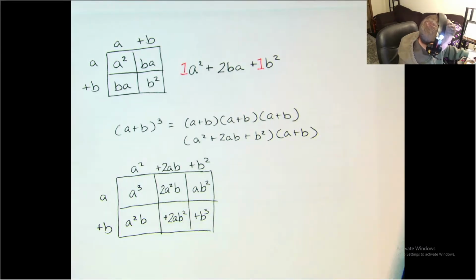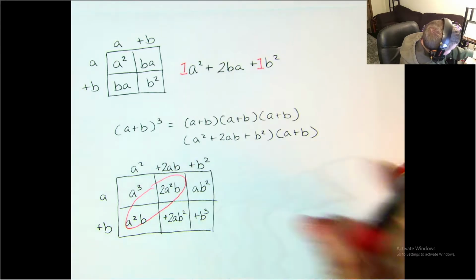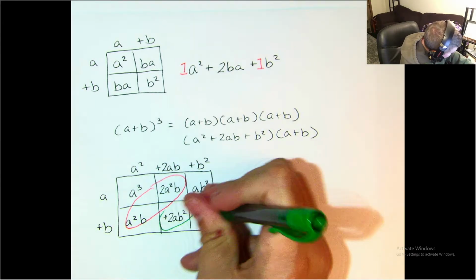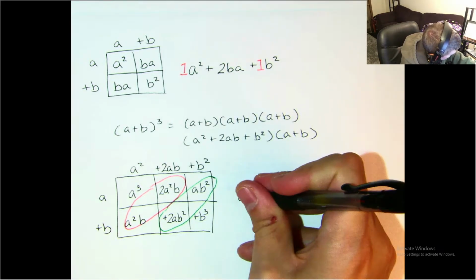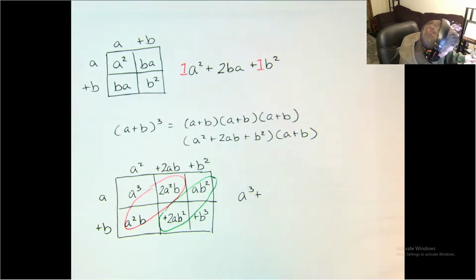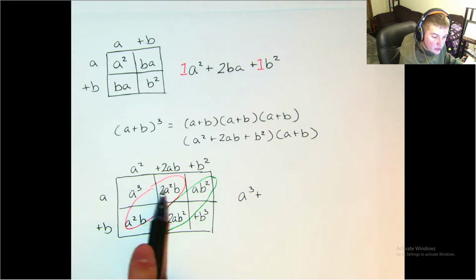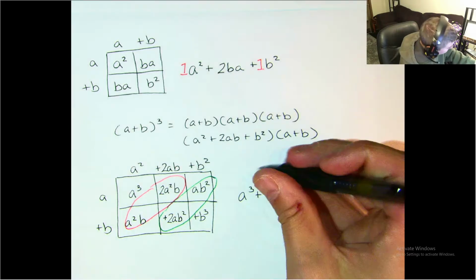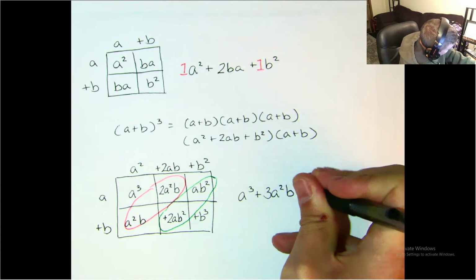And then we have like terms. We just did this a second ago. We have like terms here, and we have like terms here. Okay, so what we're getting is a cubed plus, well, I have 1a squared b here, and I have 2a squared b's here. So altogether, I have 3a squared b's. And then the same thing here.